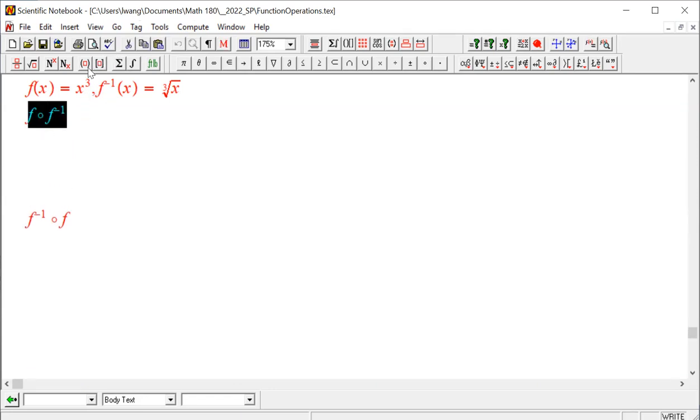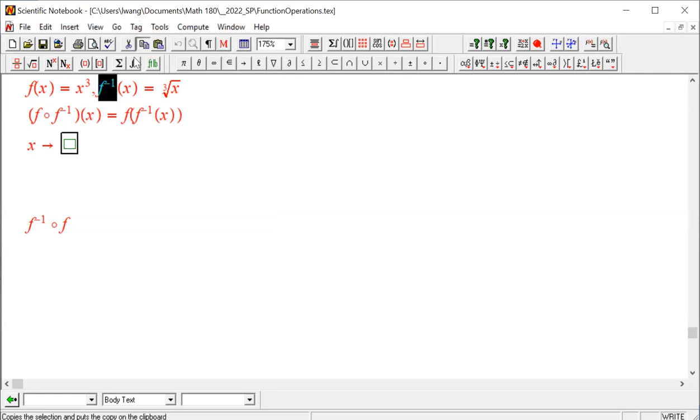For the first composition, of course, we have to consider the domain. It is going to be f of f inverse of x. That's the definition. In other words, we take a number from the domain of f inverse.